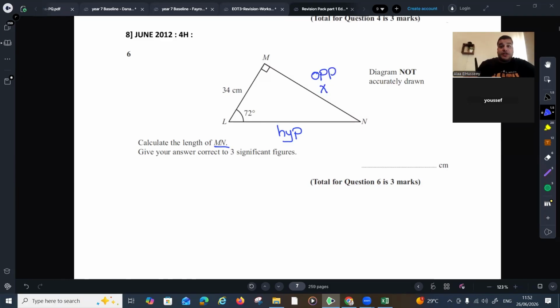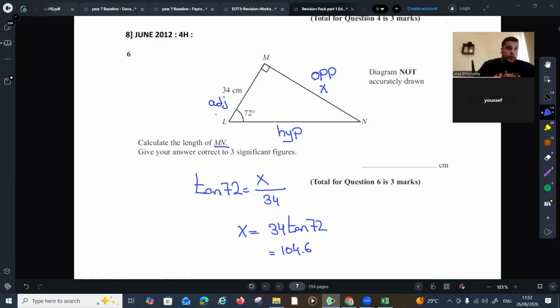So which trigonometric ratio has opposite and adjacent? The one that has opposite and adjacent is the tan. So tan 72 equals the opposite, which is x, over the adjacent, which is 34. So if I want to get the value of x, I will do 34 tan 72, which equals 104.64.